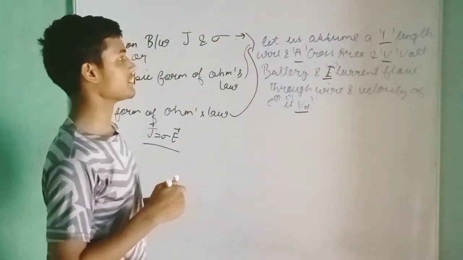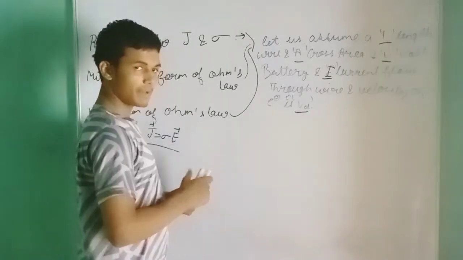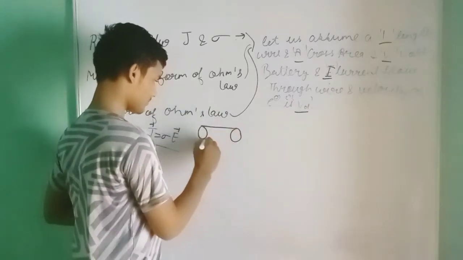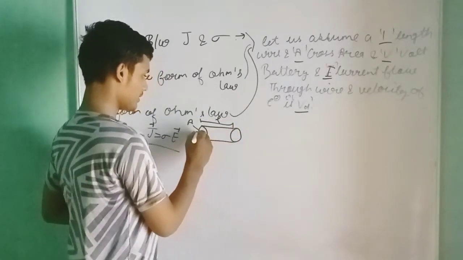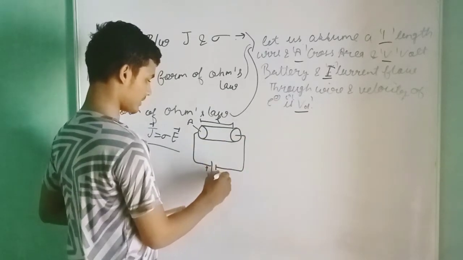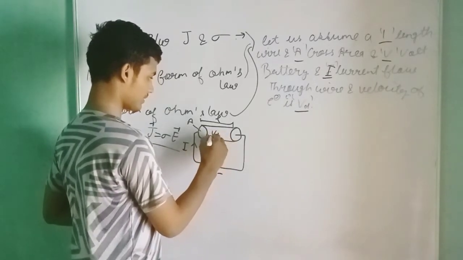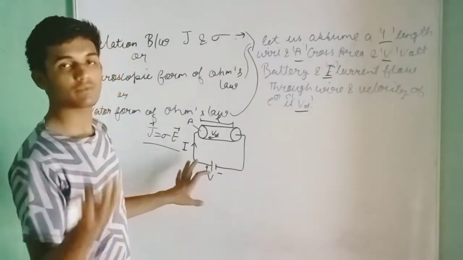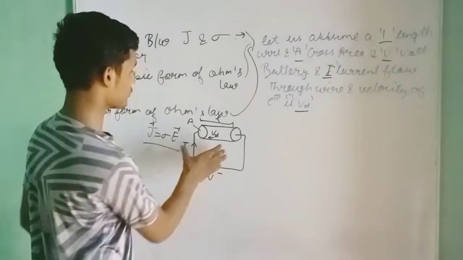So we assume a wire of length L. We have a diagram here: a wire of length L, A is the cross-sectional area, connected to a V volt battery, and I current flows through the wire. The current is in the opposite direction of the flow of electrons. So Vd is the electron flow, and that is the opposite direction.